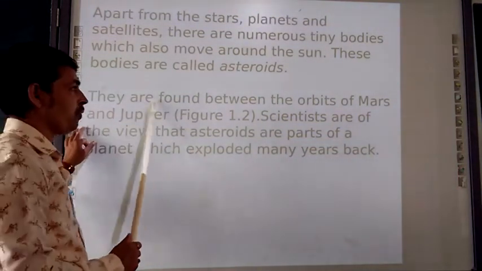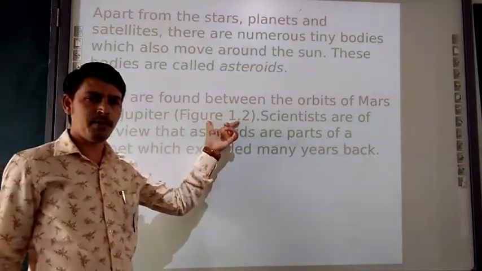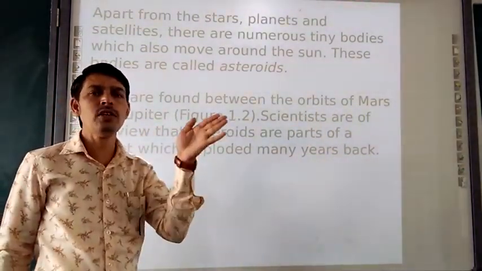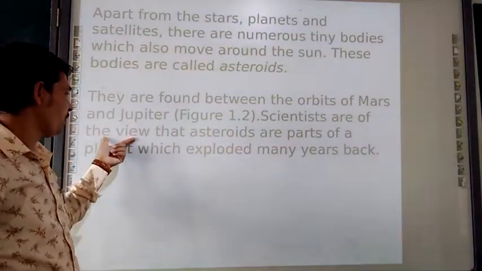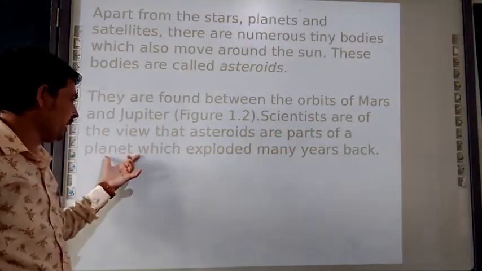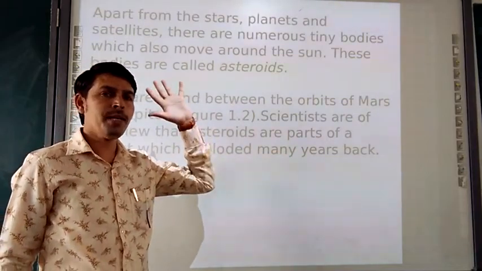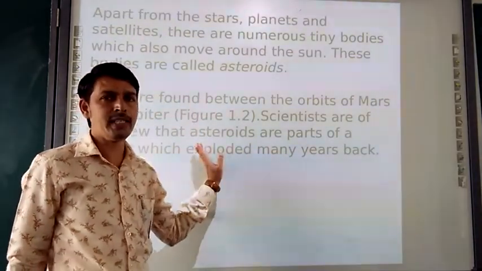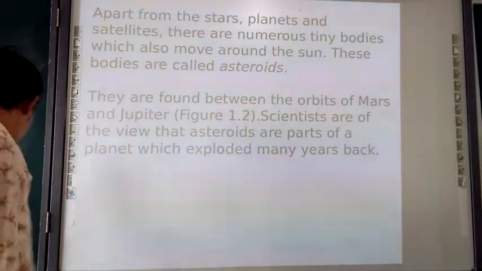I repeat, they are found between the orbits of Mars and Jupiter, as shown from the textbook. Scientists are of the view that these asteroids are the parts of a planet which exploded many years back.